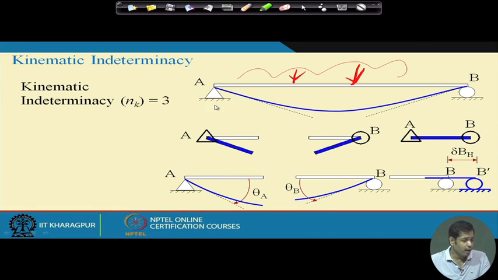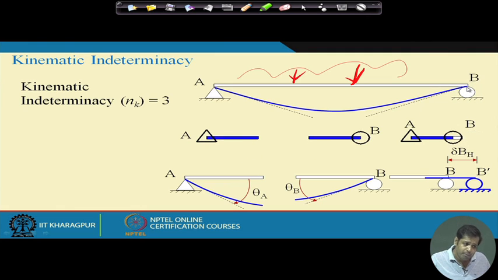Now, if we only allow joint A to rotate, it can rotate about A, but the joint A still remains at the same position, right. Similarly, if we only see the rotation at joint B, the point B still remains at the same position, but it rotates only about that point B.